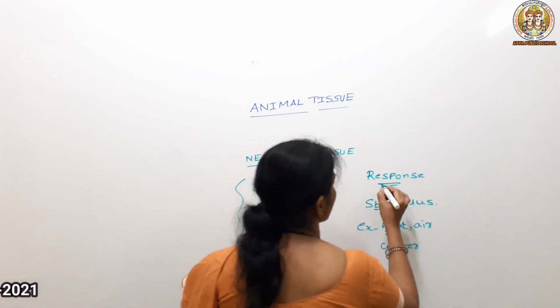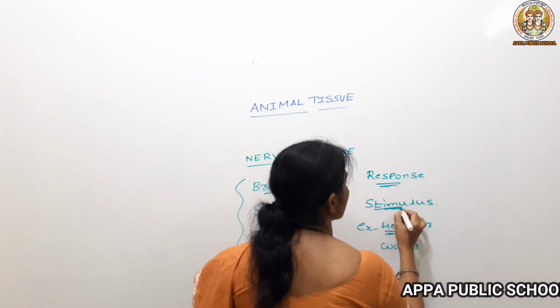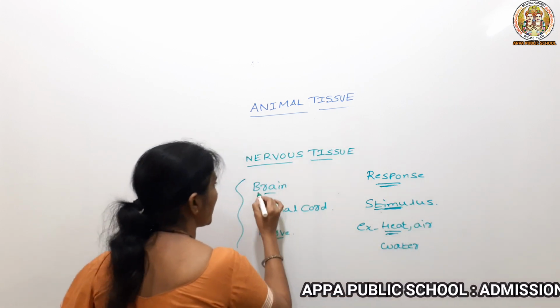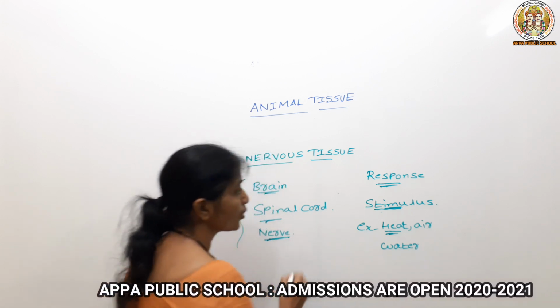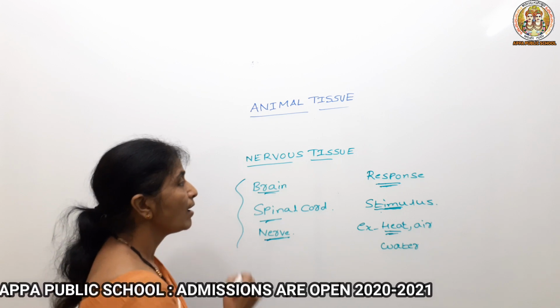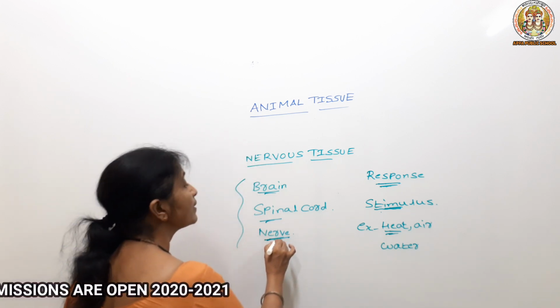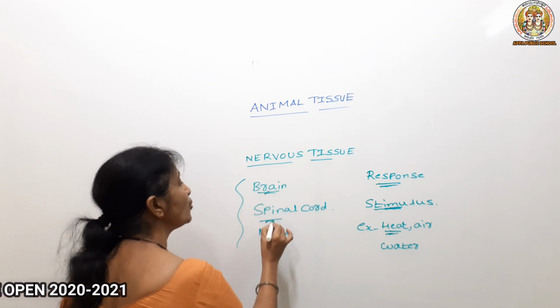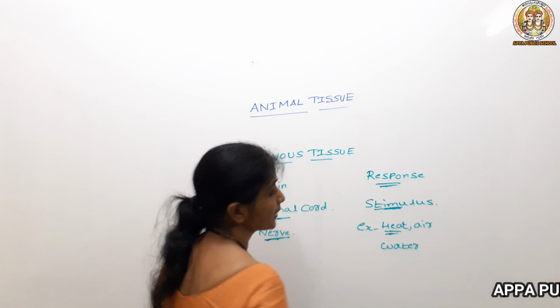This immediate response to the stimulus is given by either the brain or the spinal cord. The nerves, the neurons present in our body, take the message to the brain through the spinal cord, and this is known as the response to the stimulus.